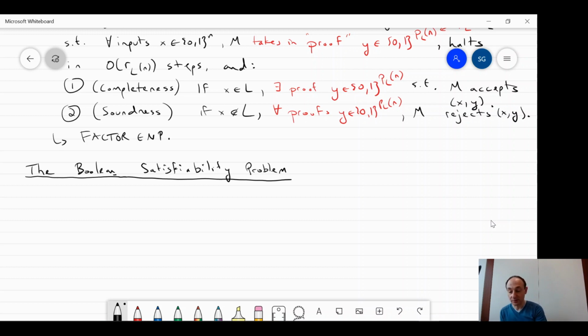Okay, so what is this problem? I'm typically going to focus on KSAT, if you will. And in this problem, what is the input? By the way, it's always good to get used to writing things formally in terms of input-output. This holds far beyond theory, right?